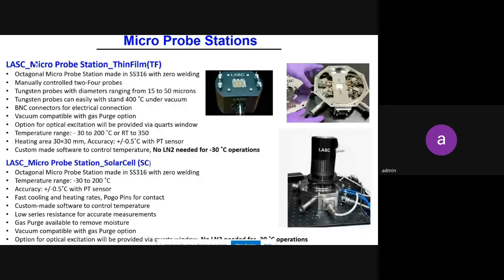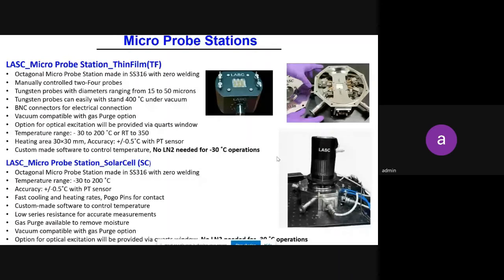So for those who want to synthesize their materials, we provide micro probe stations related to thin film applications and solar cell applications. If you have some sample, this is the experimental sample holder, micro probe stations, and this is a light source and a source meter.